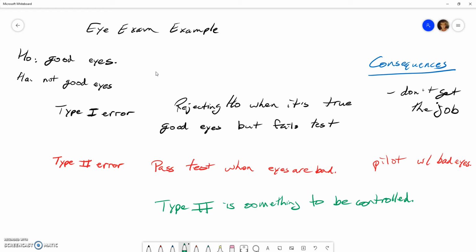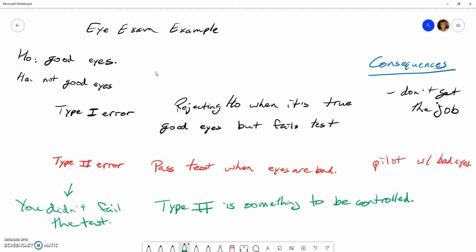So basically we would specify a type 1 error, maybe at a 5% level. For the type 2 error, the doctor's not going to say you have good eyes. The doctor would say something like this: you didn't fail the test.